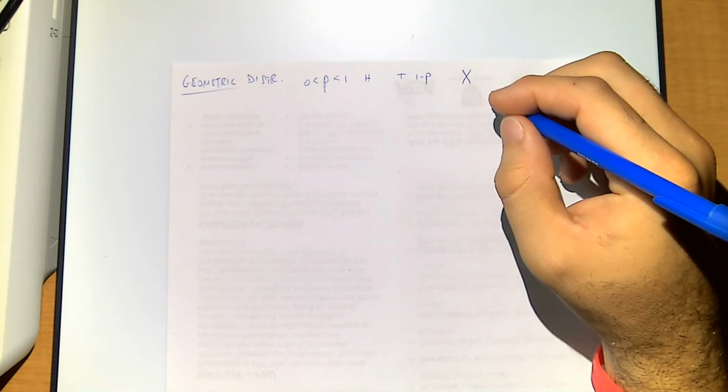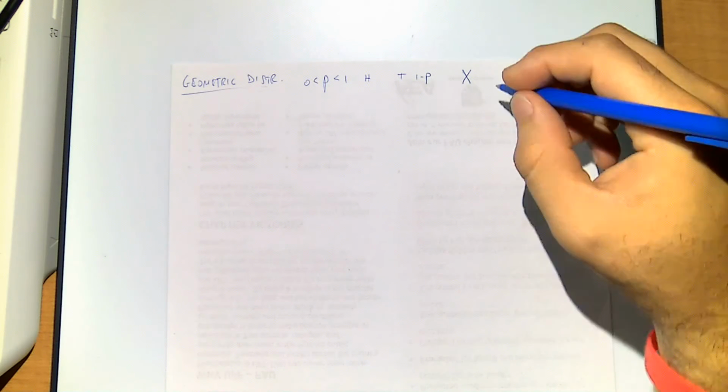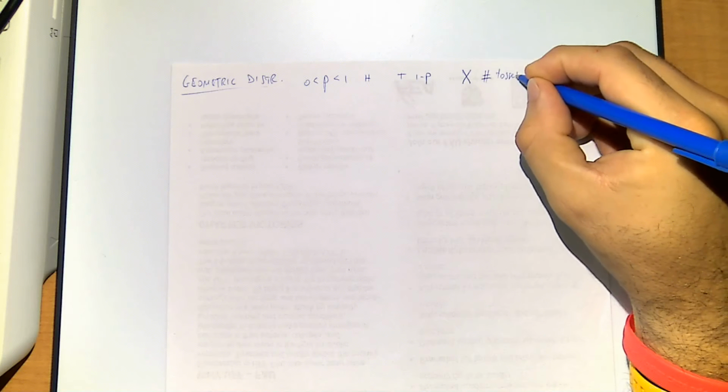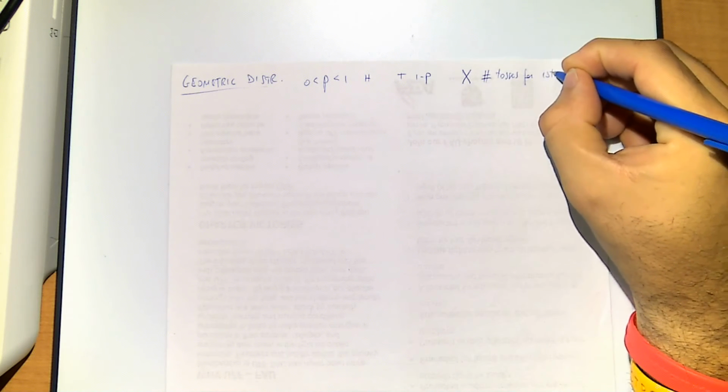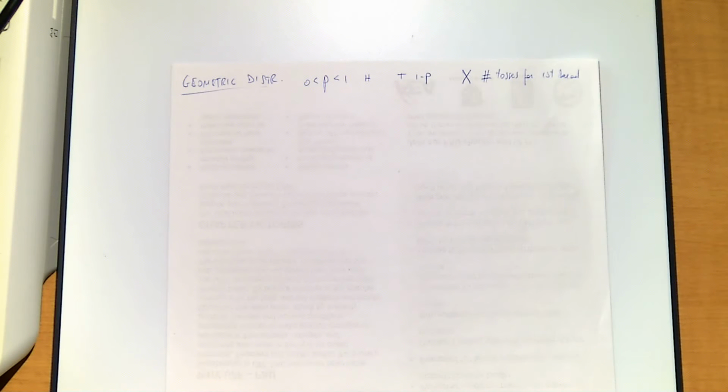So let now x be the random variable that counts the number of tosses for the first head to appear. In fact, x can take any value.